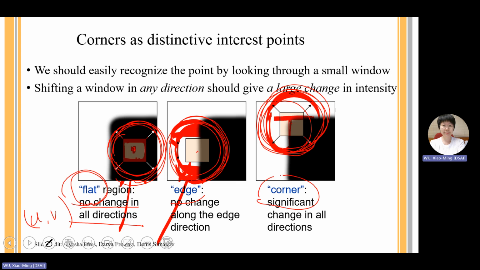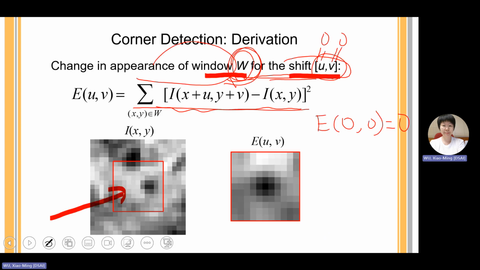Conversely, if there is a significant change along any UV direction, then it represents a corner. In between, there might be a significant change along one direction but no change at all along the other direction. Then it represents an edge. That is the idea, and that's why we want to examine this quantity, EUV.